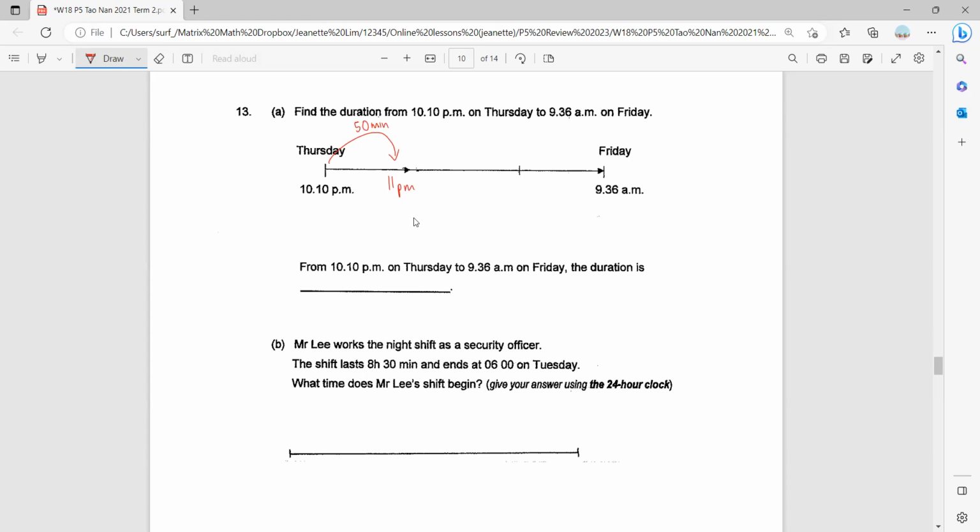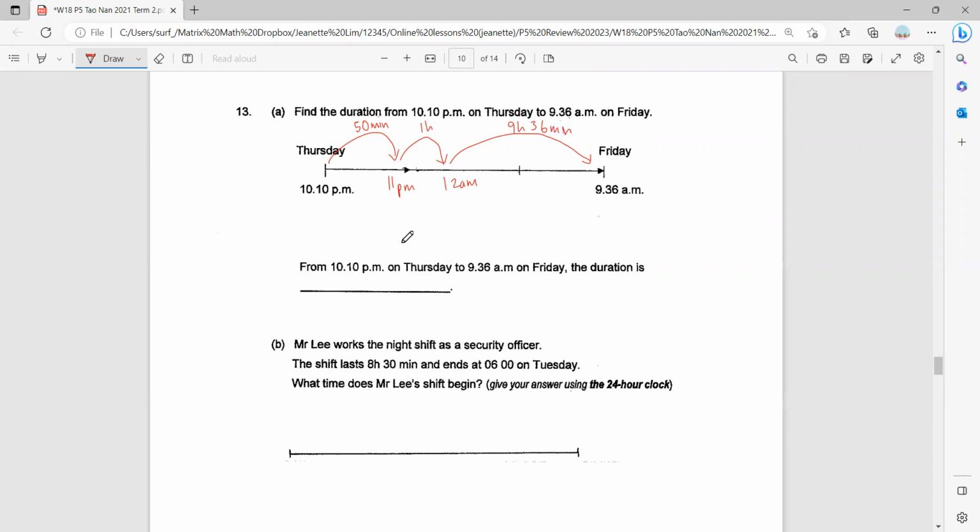Because this is to the nearest hour, then let's go to 12 a.m. Because that's when it changes to Friday, right? So this is 1 hour. So from 12 a.m. all the way to 9:36 is just 9 hours, 36 minutes.